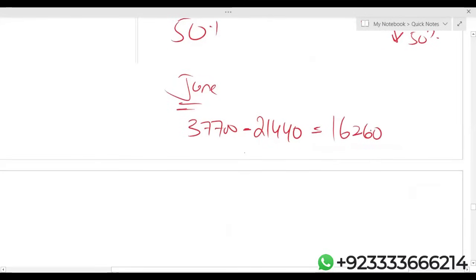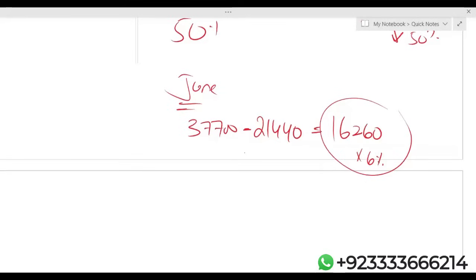Logically, on this 16,260, Jenny will be paying 18%. When it comes to William, it is all 24%. But the only difference is the 16,260 space in the basic rate band. Instead of paying 24%, Jenny will be paying 18%. Other than this amount, everything is the same. So only on this 16,260, the couple will save 6%. Why will the couple save 6%? Because if you're not transferring 50% to Jenny, then you will be paying 24% on the entire gain.